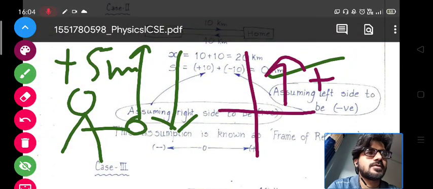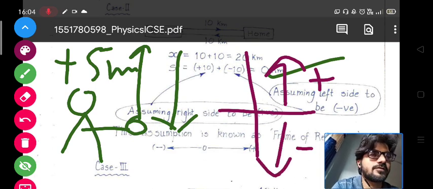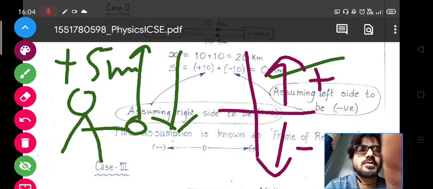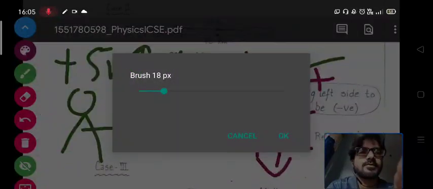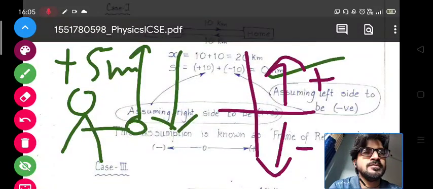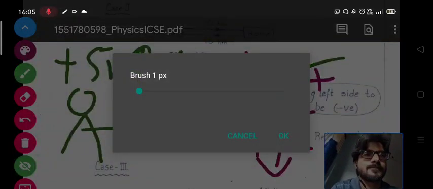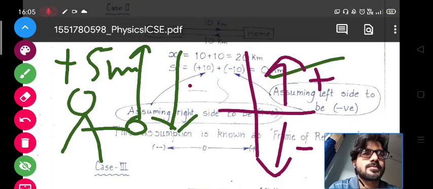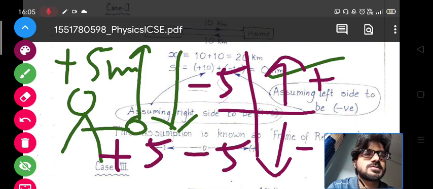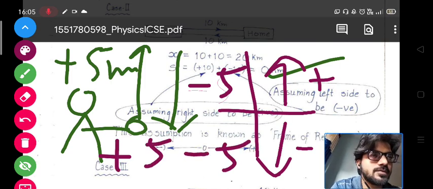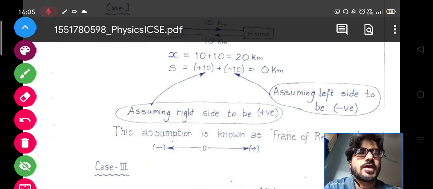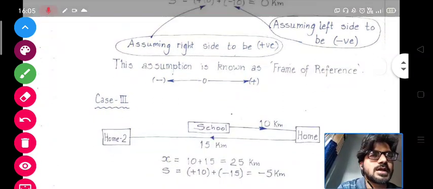Upward is positive and downward is negative, like left and right, so you have minus 5 meter. So plus 5 minus 5, the displacement when it came back to your hand is 0, and distance is 5 plus 5, 10. I hope the part of distance and displacement is clear.